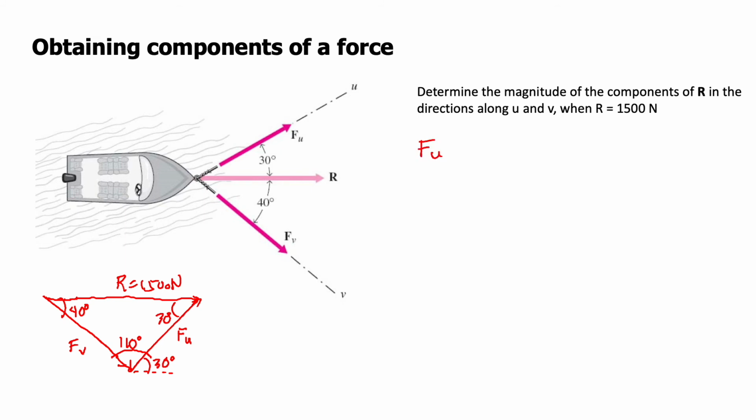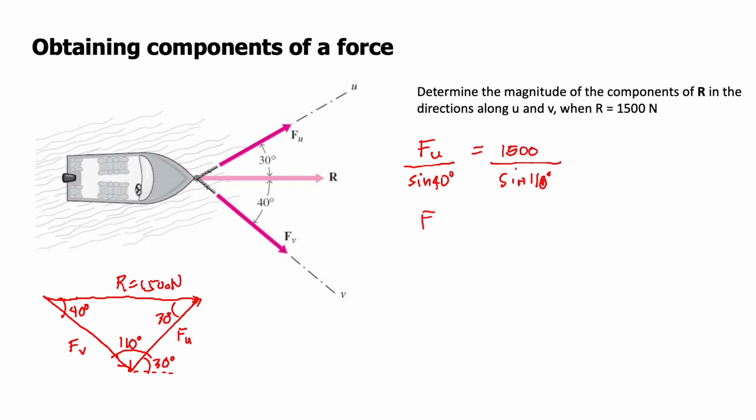Fu divided by the sine of the angle opposite it, which is 40, so sine of 40 degrees, is equal to the magnitude of R, which is 1,500 newtons, divided by the sine of the angle opposite it, which is 110 degrees.